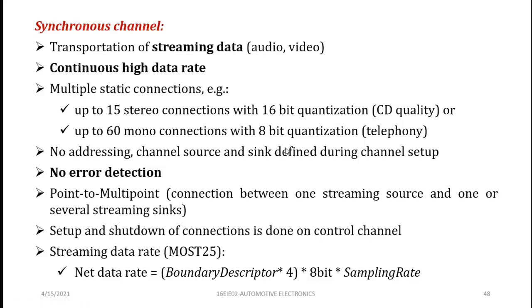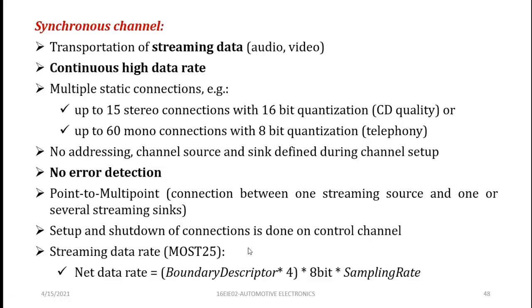There is no need of addressing, channel source and sync are defined during channel setup. There is no error detection, and point to multi-point connection is possible. Setup and shutdown of the connection is done on the control channel, not in the synchronization channel.